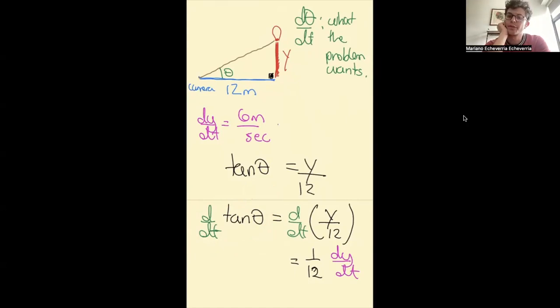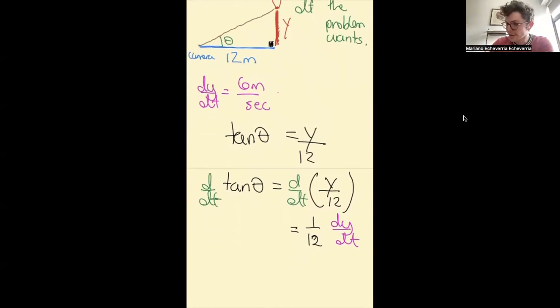Yeah, there is a formula for the derivative of tangent, which is secant squared, but you have to be careful because that's the derivative of tangent with respect to theta, not t. So the trick is to use the chain rule.